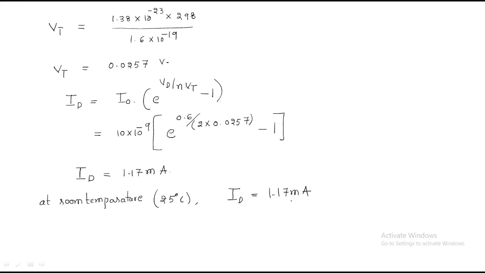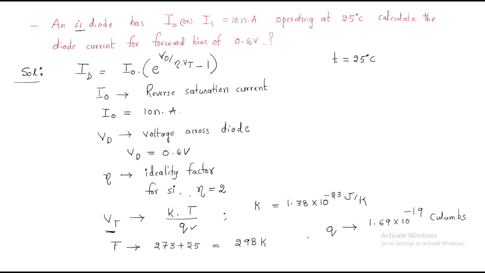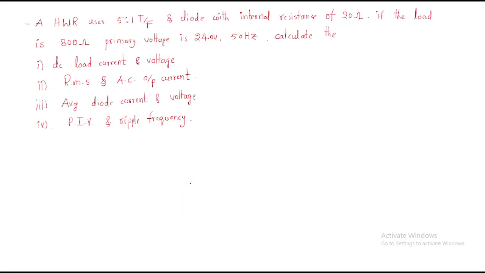So generally at room temperature the diode current is negligible. But whenever we give the forward bias, at that time a considerable amount of current will flow through the diode. Okay, so this is the way to find out the diode current. We will move on to the next problem.